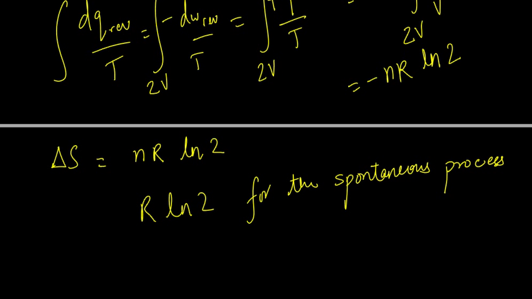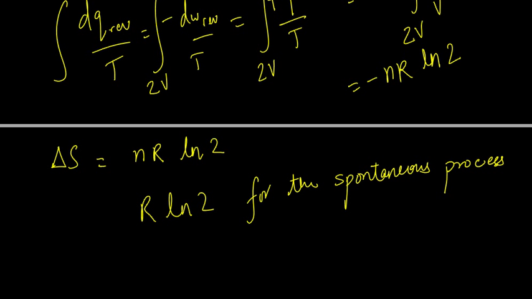So this brings me to another thing. What it says is that the change in entropy, if I increase the volume twofold, is nothing but R ln 2.